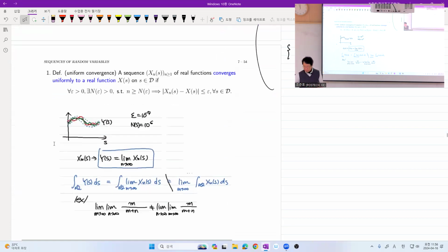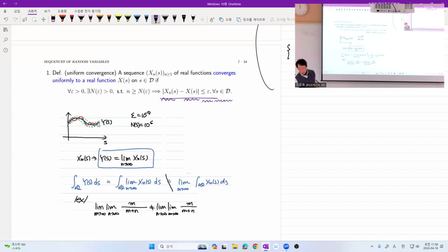See that? Your nth function x_n and some limit function, your target function x: if their difference is bounded by epsilon for all s in the domain, what does that mean? Their difference is bounded by epsilon.